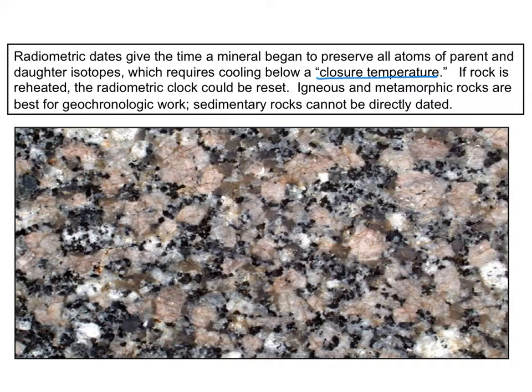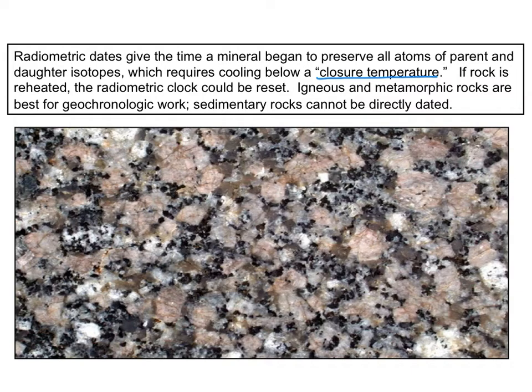It is not until a mineral crystallizes that it can lock in the parent and daughter isotopes that might make up part of the structural framework of the mineral. So when the mineral crystallizes and closes, it does so below some threshold temperature. So that's what we mean by a closure temperature. The mineral has to first pass below that temperature before its internal clock can start ticking.